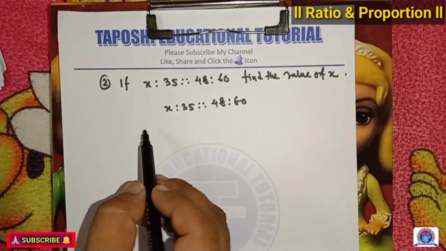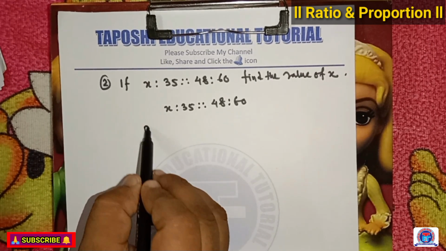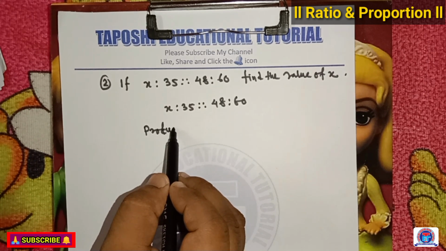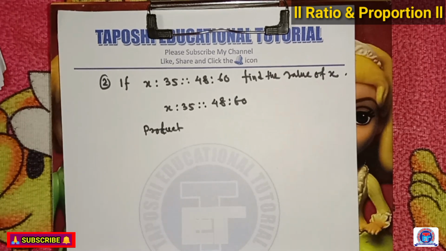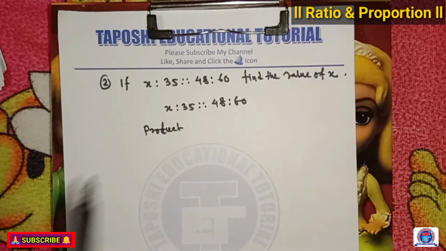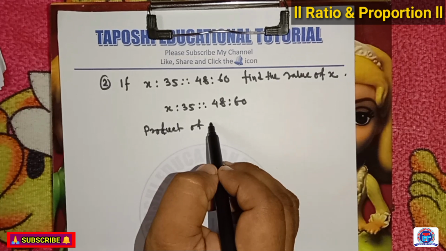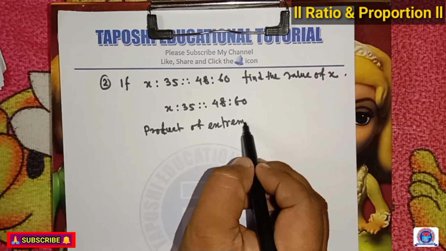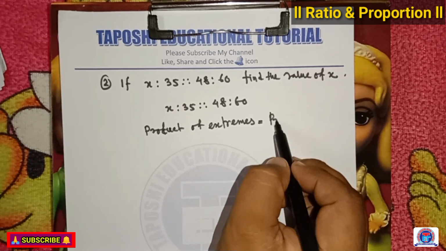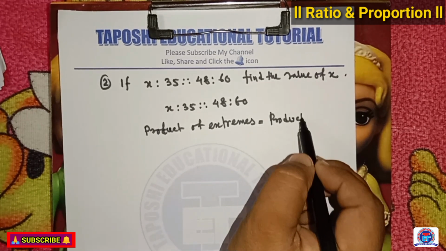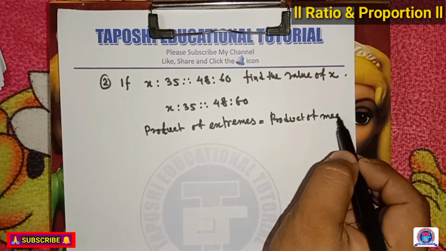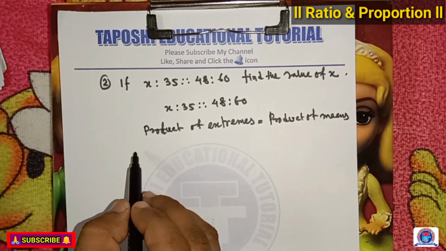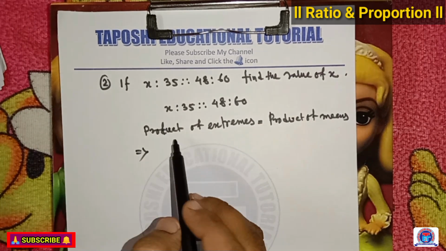Right? So here we can write product of extremes is equal to product of means.